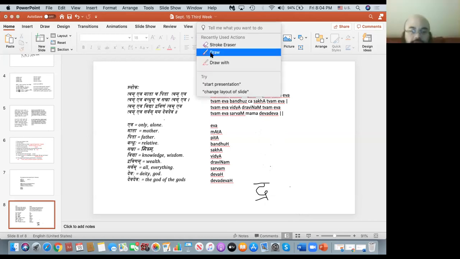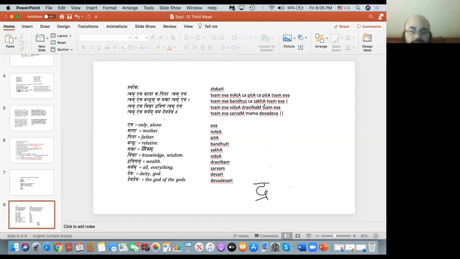Of course handwriting is different than typing or calligraphy, but in handwriting I can make the ya distinct by making the lower part of the conjunct look more like a regular ya.